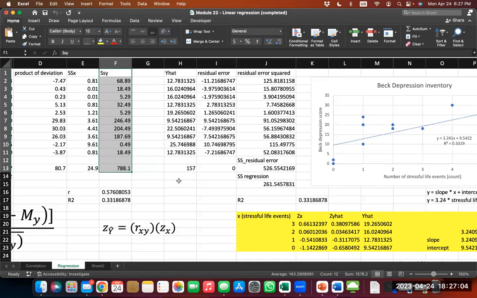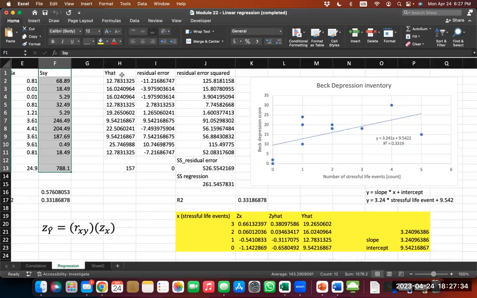We talked about this briefly. I came across it at work in a different example with a lab value. So the value is always squared because it's a squared deviation, right? The deviation is the difference between two values, so it's the same unit. But if you're quantifying it as a squared deviation, you're squaring it, and then the unit also is a squared unit. So it's this Beck Depression Inventory score squared.